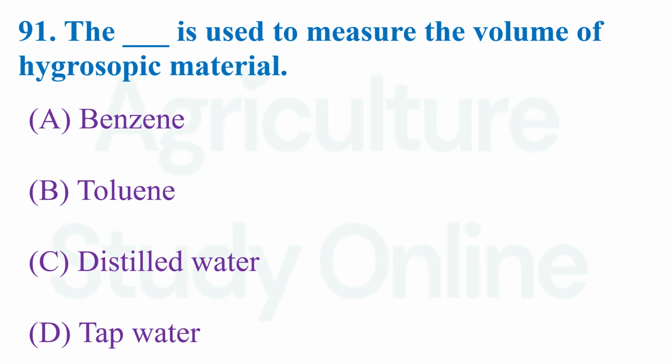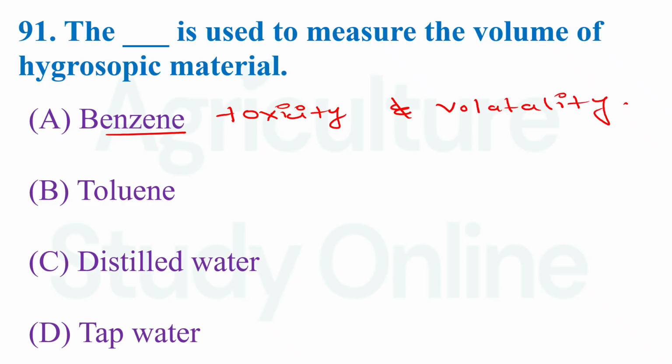Question 91. The dash is used to measure the volume of hygroscopic material. First is benzene. So benzene is less preferred because of its toxicity and volatility. Toluene, so it is the correct option over here because it is used to measure the volume of the hygroscopic material, because it is immiscible with water.